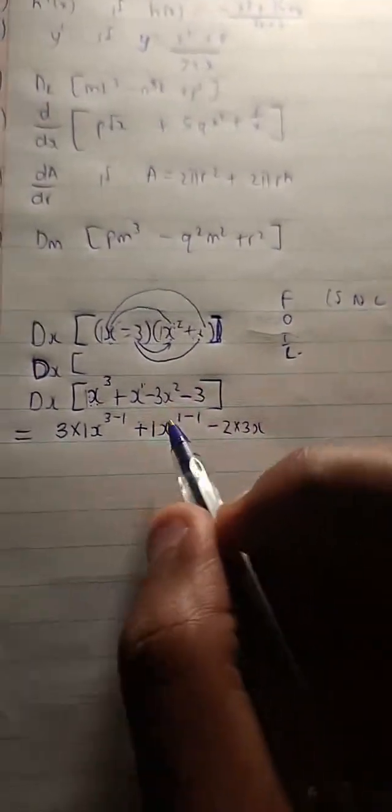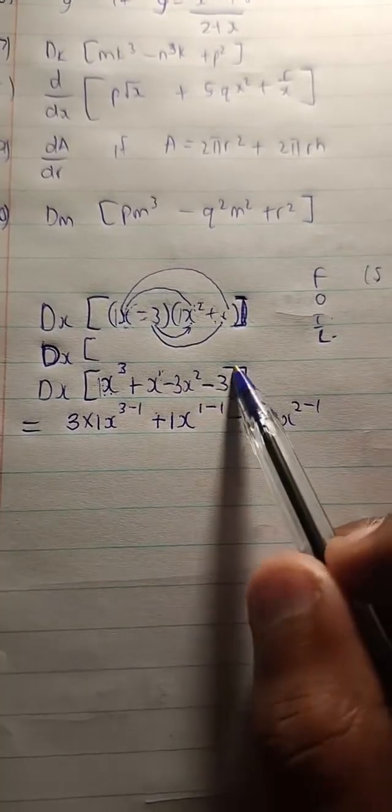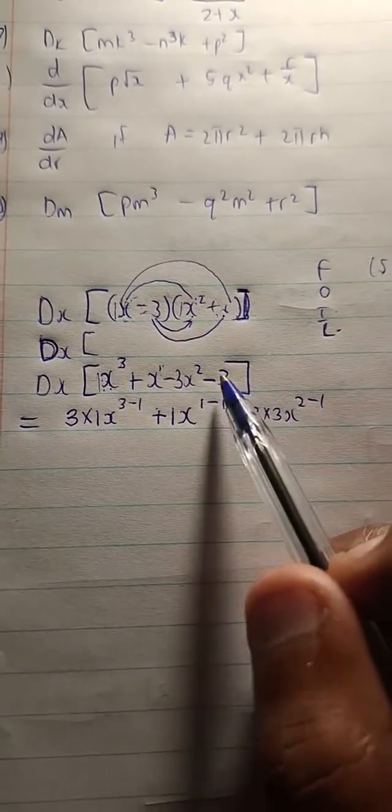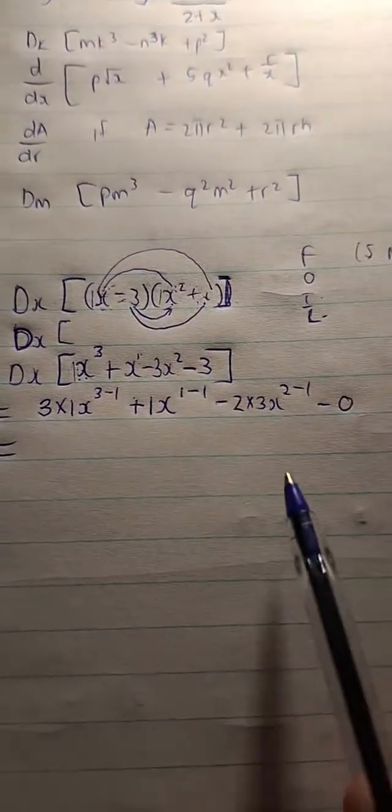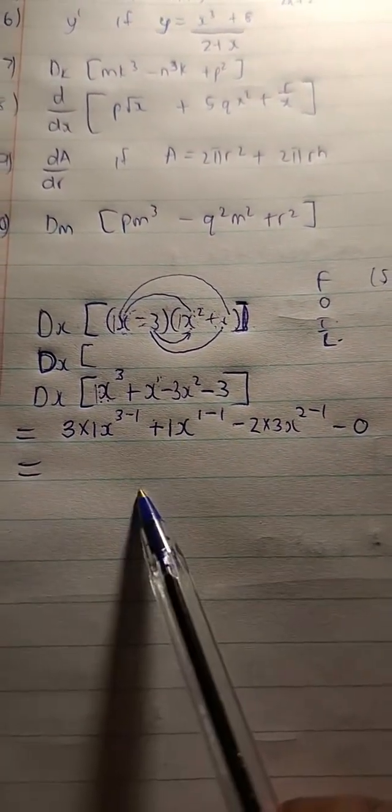We retain x, and then we say 2 minus 1. And lastly, the derivative of a constant term. The derivative of a constant will give us 0. And now we're ready to simplify this.